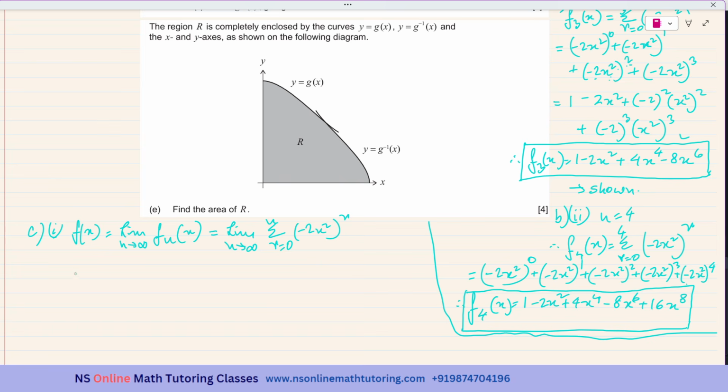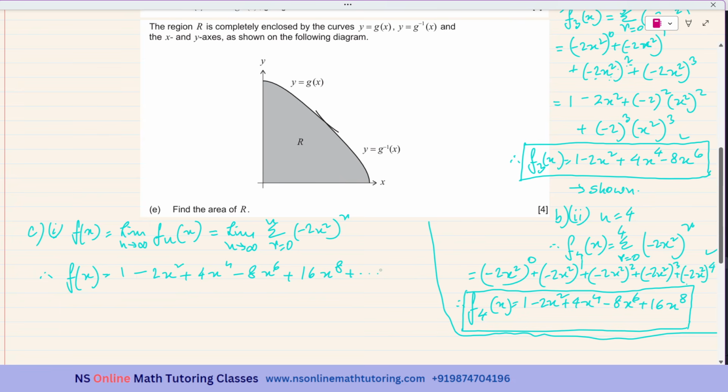So therefore f of x should be equal to, we have got the first 5 terms, so let me just write them: 1 minus 2x squared plus 4x to the power of 4 minus 8x to the power of 6 plus 16x to the power of 8 and so on, because it is an infinite series.